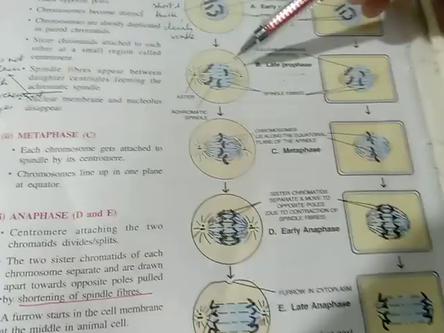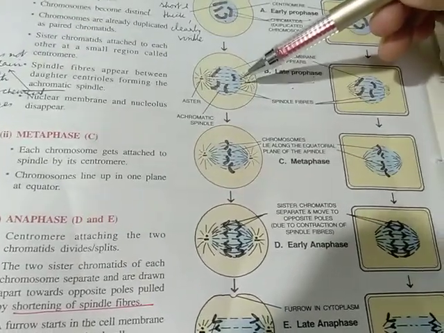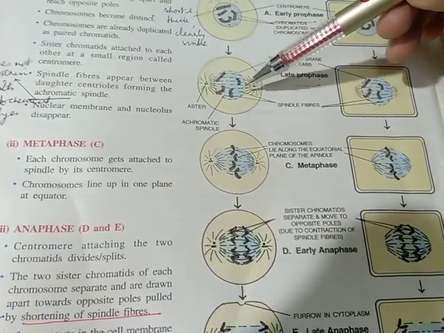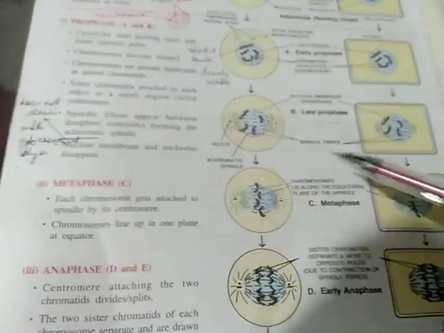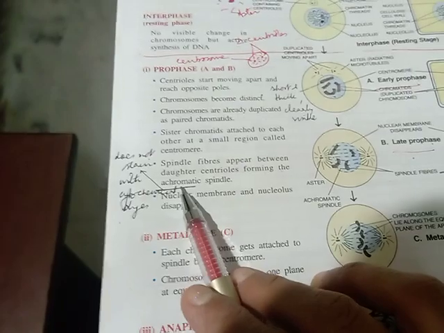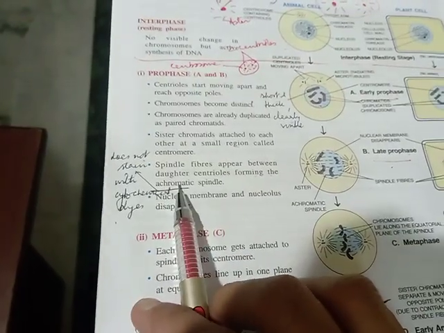And what has become a new substance to be seen is the spindle fiber. These dotted lines are the spindle fibers between the daughter centrioles forming the achromatic spindle. What does it mean, children? First, write down the meaning of the term achromatic. See, chroma means the colored part of that substance. So A means without.